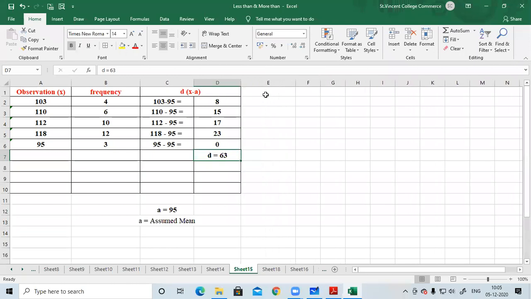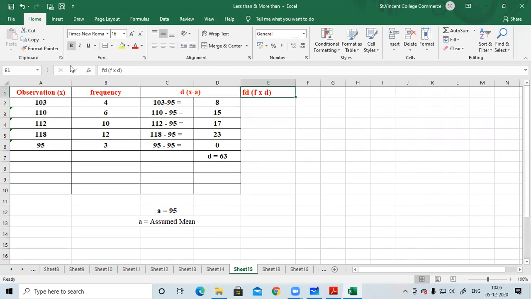So the next column we require is FD. What does FD mean? Simple. F multiplied by D. So can you get me F multiplied by D?